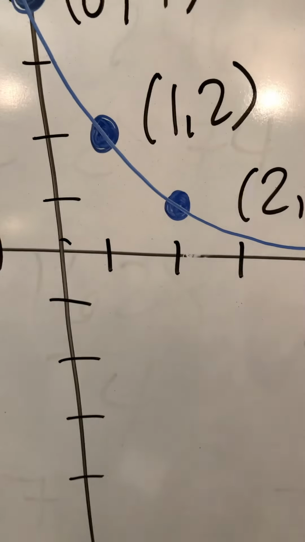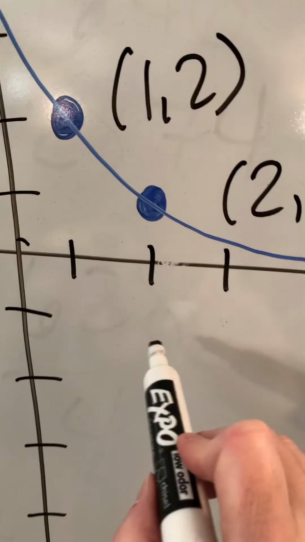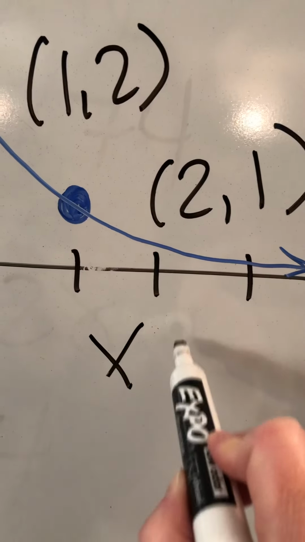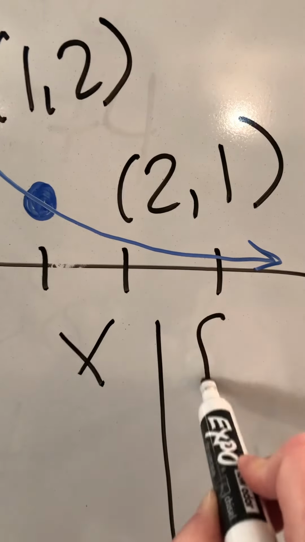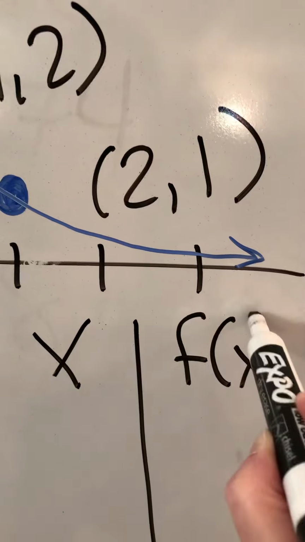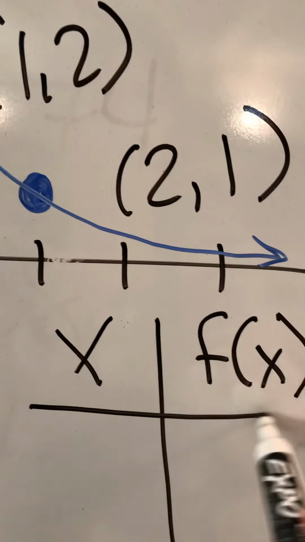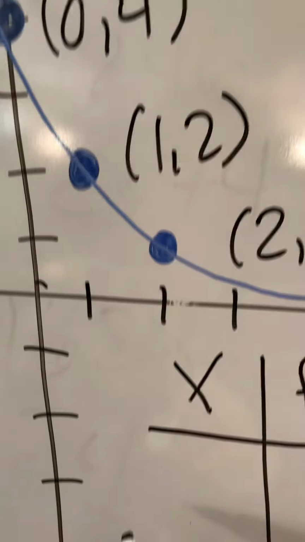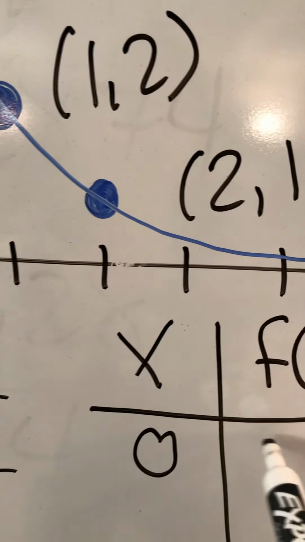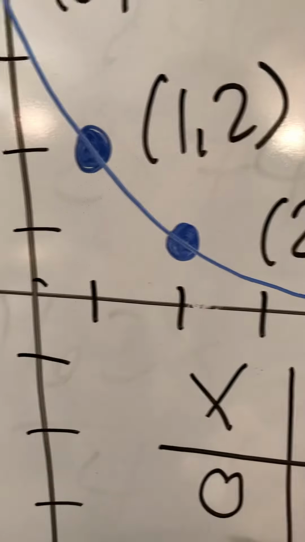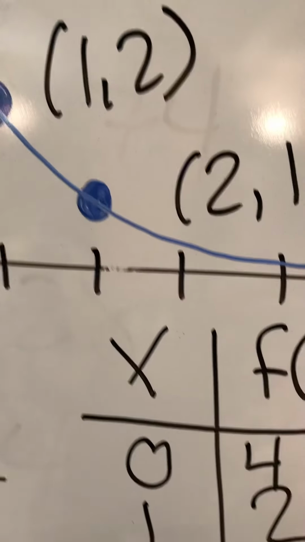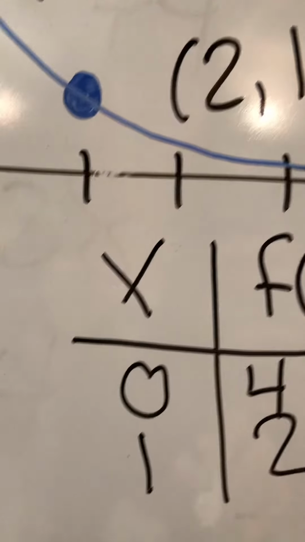And that's what you start putting into a table. So I know I have my x value and my f of x value. That's my y. So I had 0, 4. I had a 1, 2. Okay, and then I have a 2, 1.